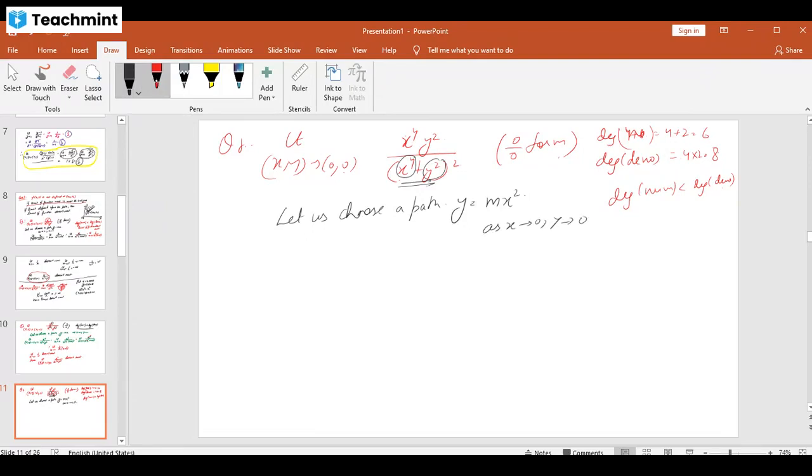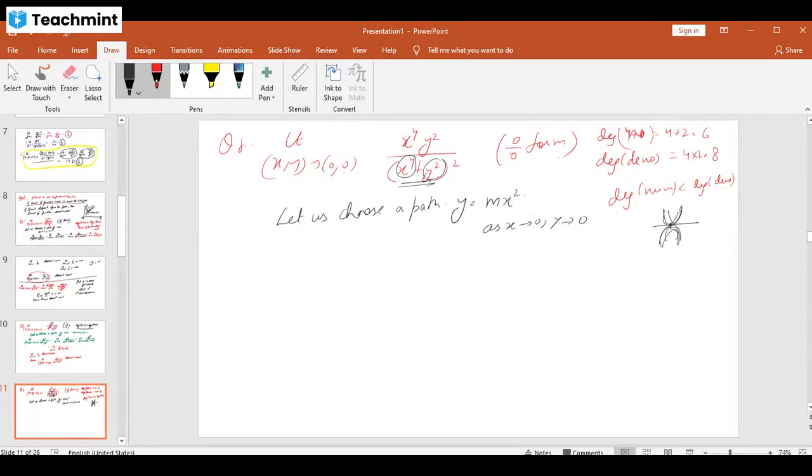That means it also contains the neighborhood of a point, because it represents a class of upward or downward parabolas whose vertex is the origin. So we can choose different parabolas whose vertex is the origin only.